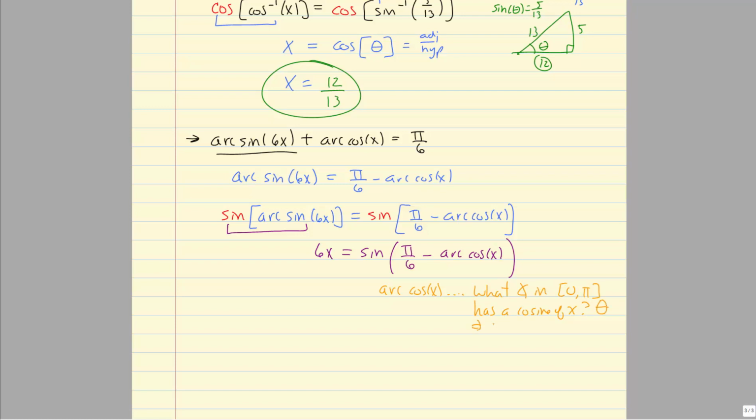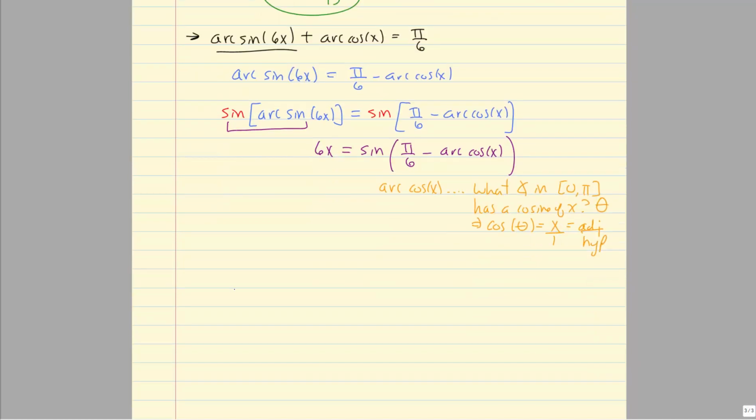Now this means that the cosine of theta would equal x, and of course x is the same as x over 1, adjacent over hypotenuse. So really what we're looking at here is 6x equals the sine of pi over 6 minus theta.